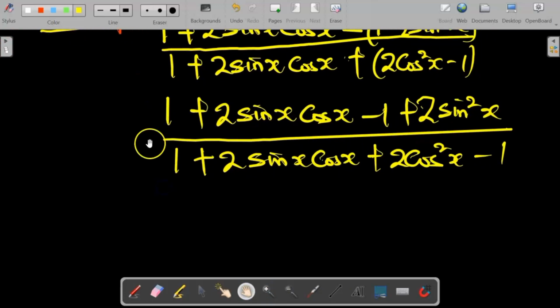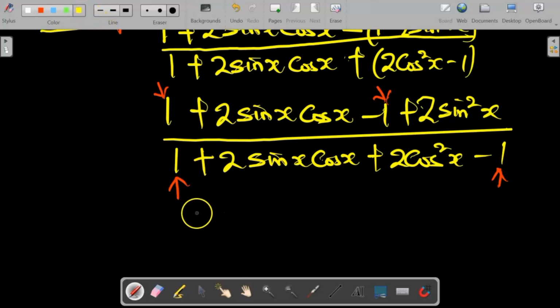The fraction is now taking shape. This one minus this one is 0, so the 1 in my numerator is gone. This one minus this one is also 0, so the 1 in the denominator is gone.